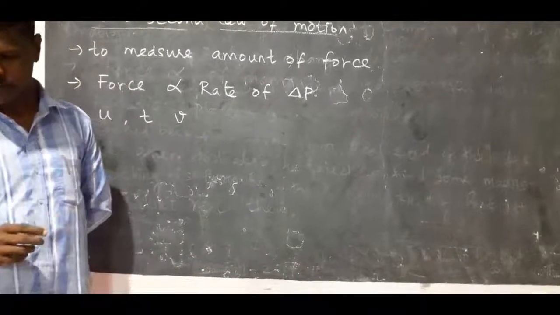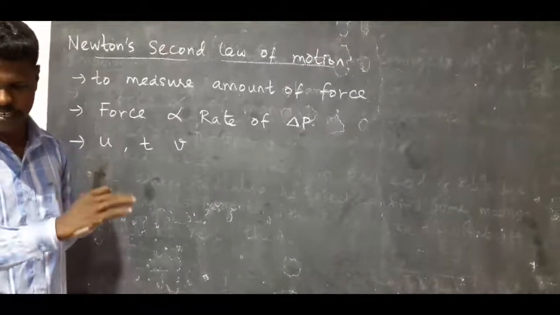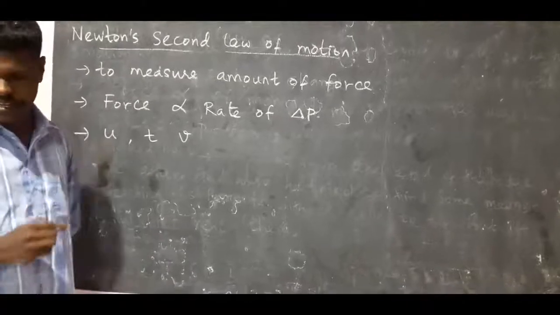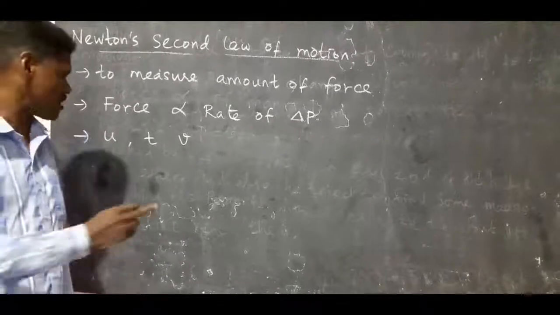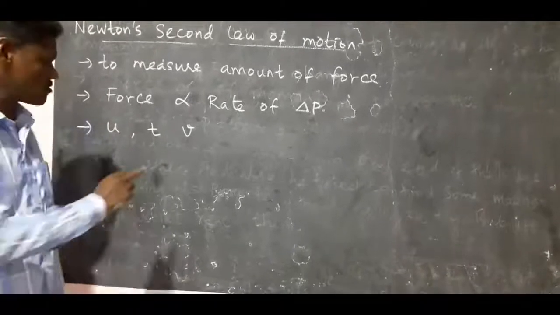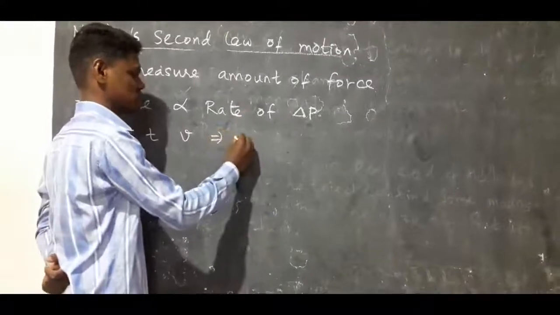The book itself says: let m be the mass of a body moving along a straight line with initial velocity u, and after some interval of time t, the velocity of the body changes to v due to the impact of force.